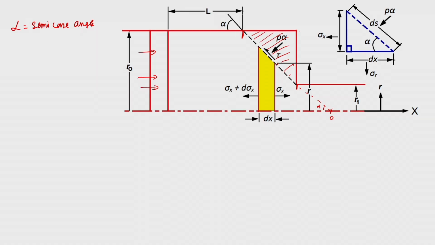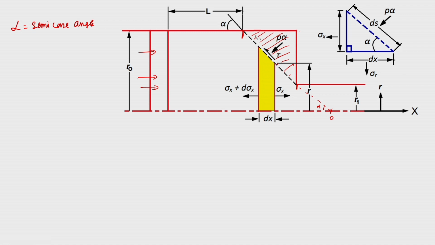So, let us consider a small strip of thickness dx along the x direction. Because of this effect of the extrusion pressure, extrusion load, there is an imbalance of the stresses, a variation in the stresses across this small strip.